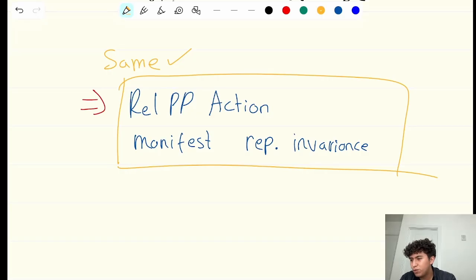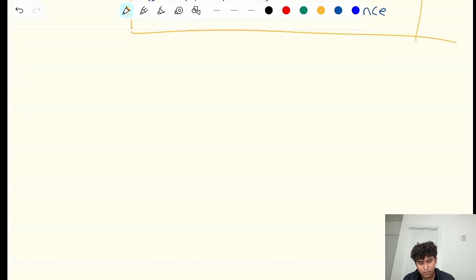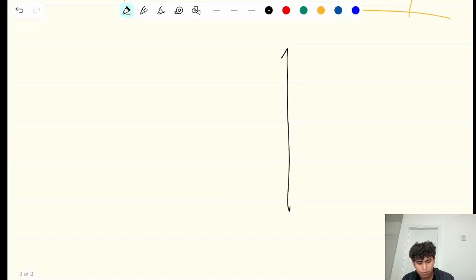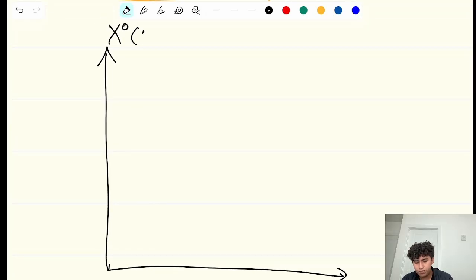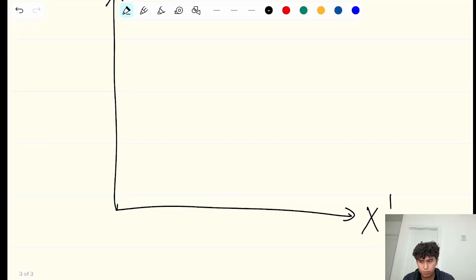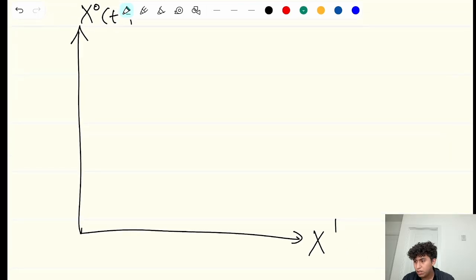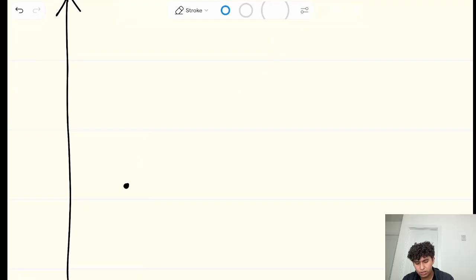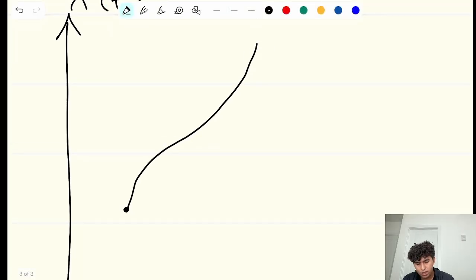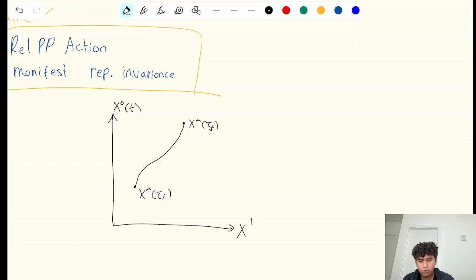And a picture to see how this would look in practice: you can imagine you have a space-time diagram. You have time here, and then here you have some spatial coordinate. This is some worldline, and it goes from here to here, between these two endpoints.